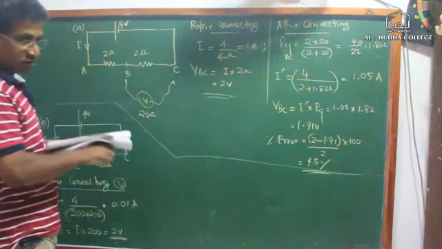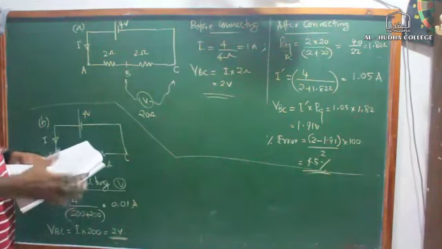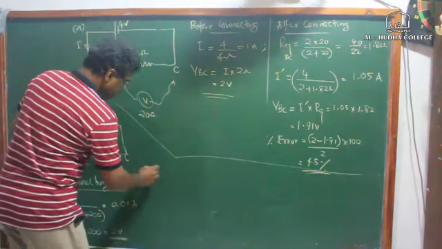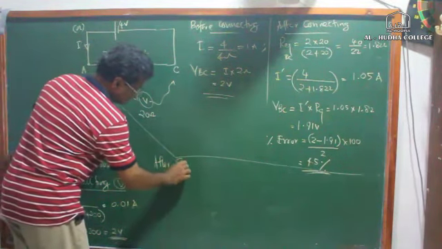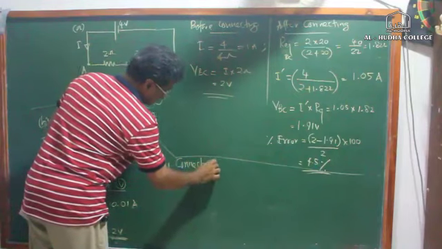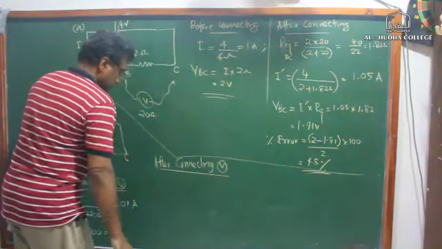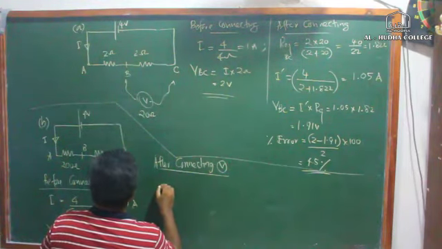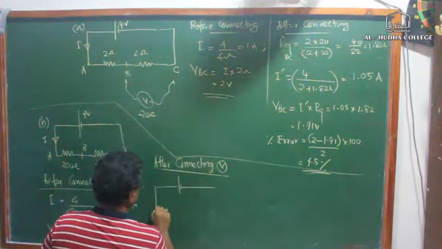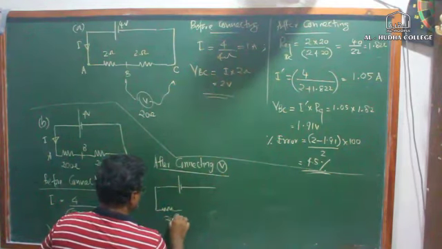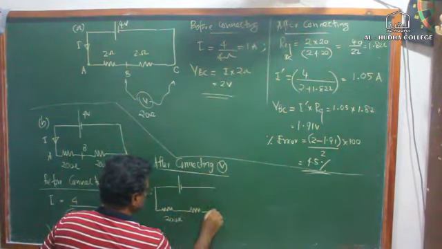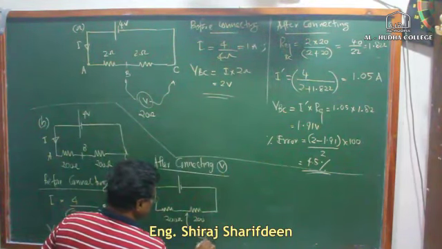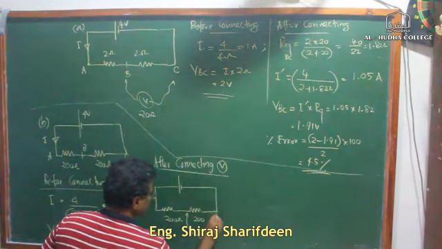So these 2 volts we can measure using this galvanometer, right? Every time we have to check whether we can measure it safely with the given galvanometer, right? So after connecting the voltmeter, if we redraw it again, we have 200 ohm here, and the voltmeter is 20 ohm, right?